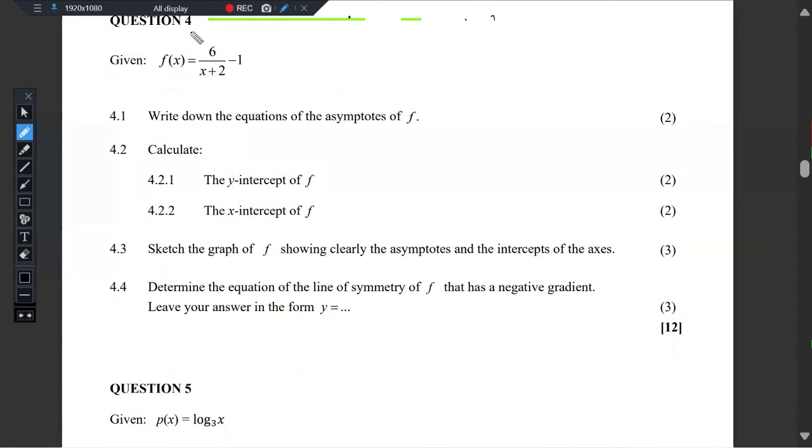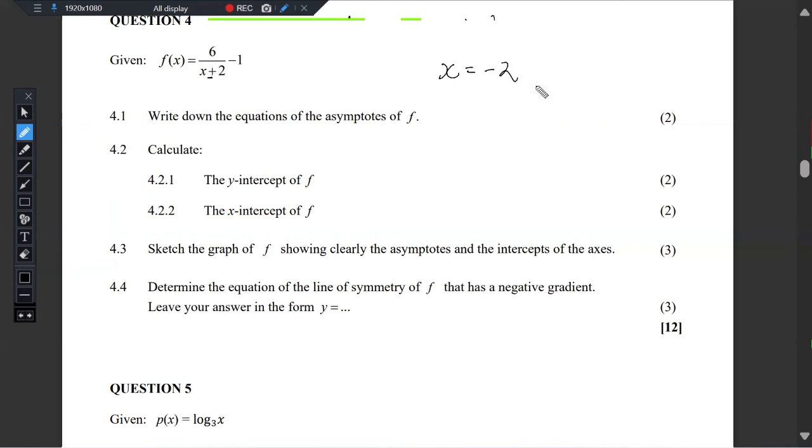We have this. It says given f of x is equal to 6 over x plus 2, minus 1. Write down the equations of the asymptotes of f. Now we already know that this is a hyperbola, and a hyperbola has 2 equations of the asymptote. This will be given as x is equal to -2, because we need to know that if it's a plus, we write it as negative here.